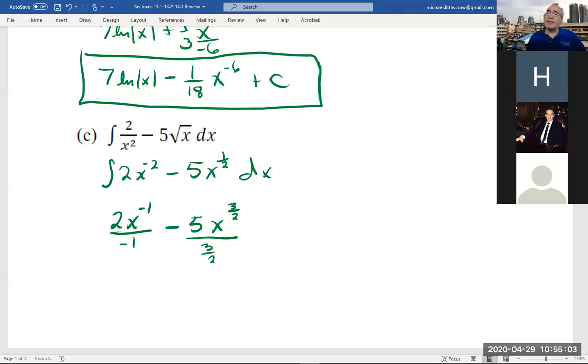When you're dividing by a fraction, you flip and multiply. So we're going to multiply by 2/3. So it'll become 5 times 2/3, which gives us 10/3 as our coefficient. So we get -2 x to the -1 minus 10/3 x to the 3/2.